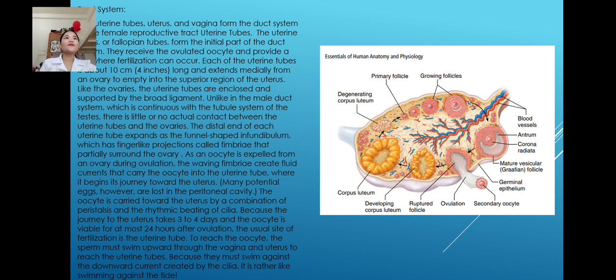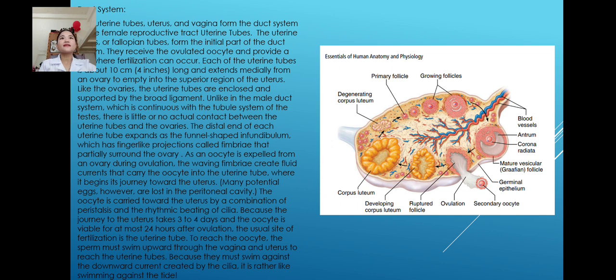They receive the ovulated oocytes and provide a site where fertilization can occur. Each uterine tube is about 10 centimeters or 4 inches long and extends medially from an ovary to empty into the superior region of the uterus. Like the ovaries, the uterine tubes are enclosed and supported by the broad ligament.